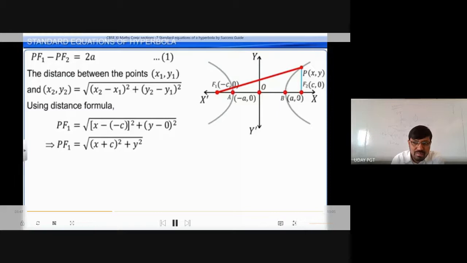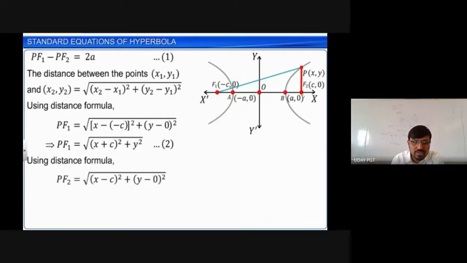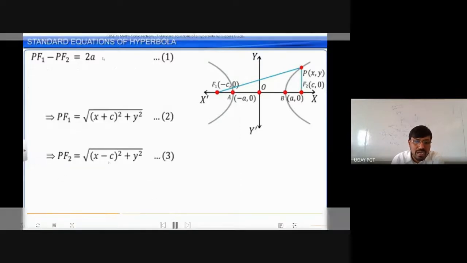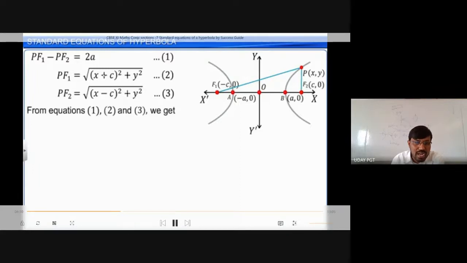The distance from P to F2 will be square root of (x minus c) whole square plus y square. And the difference of PF1 and PF2 will equal 2a, from equation number 1. So that is the difference between these two square roots, which equals 2a.